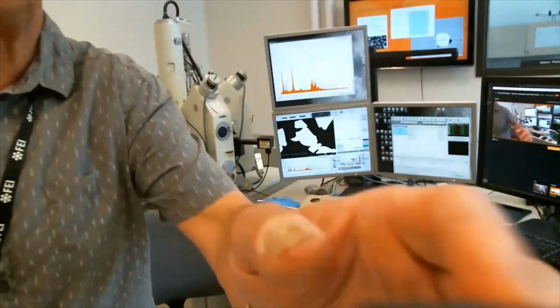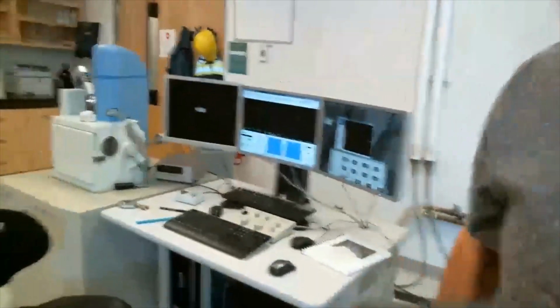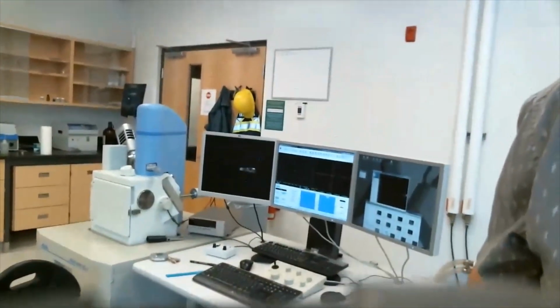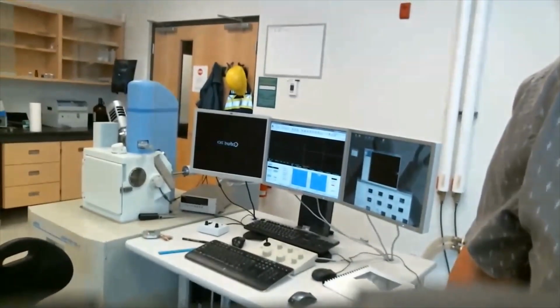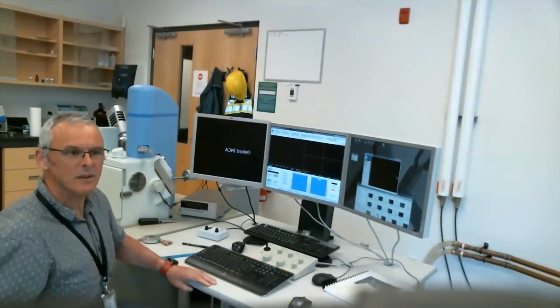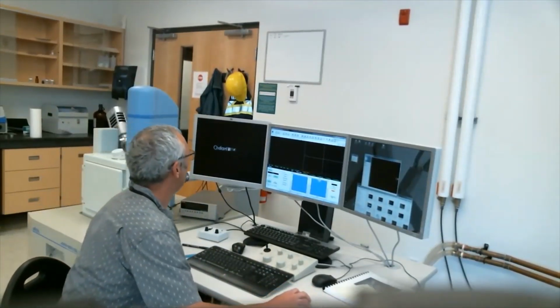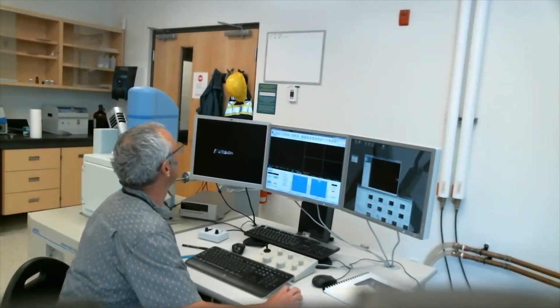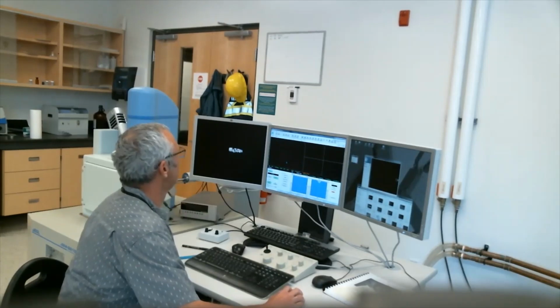Okay, so SEM. We've got that sample in the machine now. Yep, that's the sample. Okay, so let's turn the beam on. Let's see what it looks like.